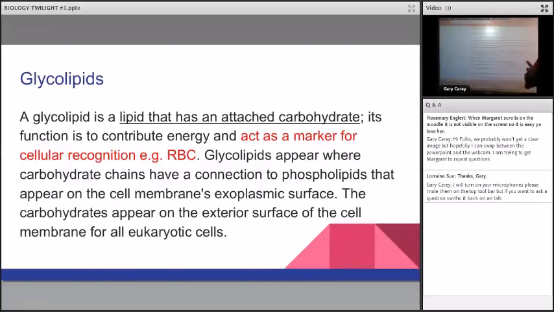There's a Molymod kit that sells a section on how to put a phospholipid together. Okay? So I've given you the link to the Molymod kit, and I've also given you a link to a totally brilliant model of a protein, but we'll come to that later.